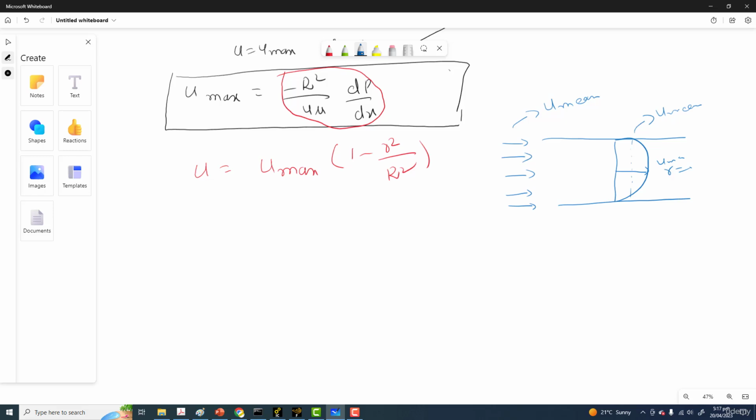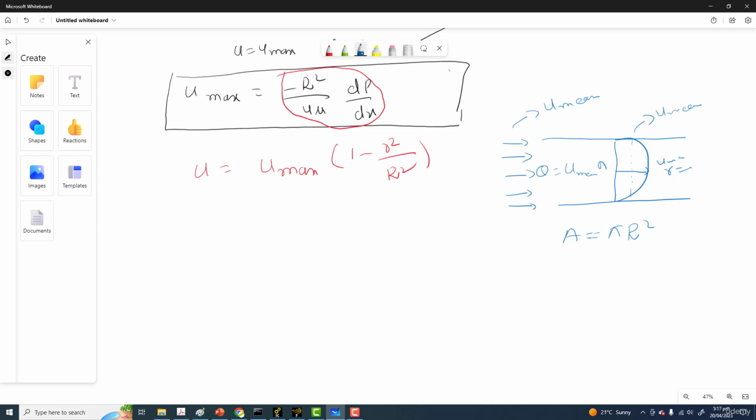Now if you take a look here, you know that the flow rate Q will be equal to U average or U mean into area. For the full pipe, the area would be equal to pi r square.